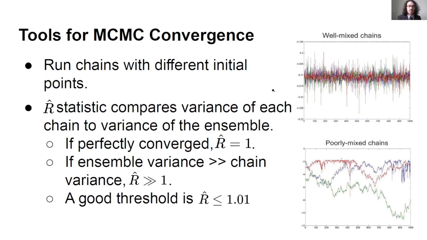What the R hat statistic does, and the formula is a bit complicated so I'm not going to put it here, is compare the variance inside each chain to the variance of the ensemble of chains. If the chain is perfectly converged, then the R hat statistic has a value of 1. However, if you're poorly converged, it's going to be much greater than 1. And a good threshold that I think is recommended by Stan, Bob can correct me if I'm wrong on this, is that you probably want it to be around 1.01 or less to be really confident that your chain is converged.